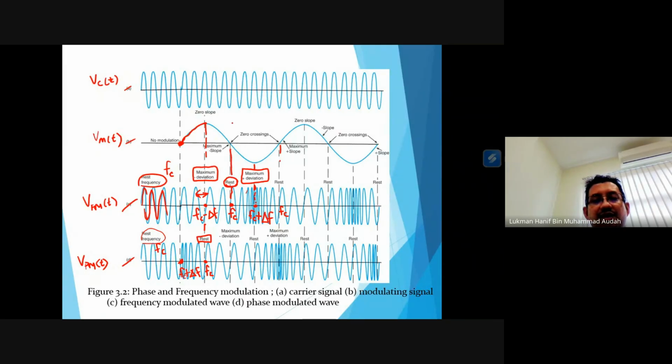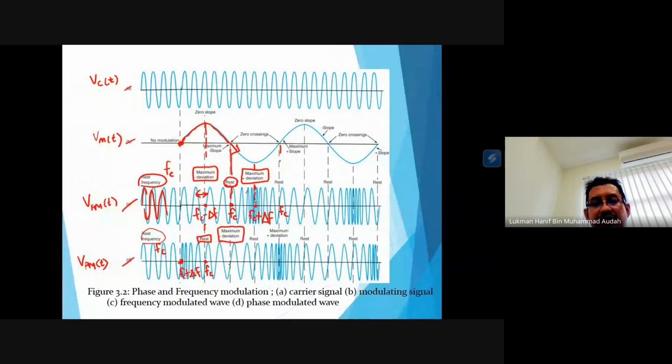Then the input signal moves towards zero crossing. You see that the signal is moving from positive towards negative. That means the output is going to be at maximum negative deviation. The signal is moving from positive to negative, so the output will be at negative maximum deviation.